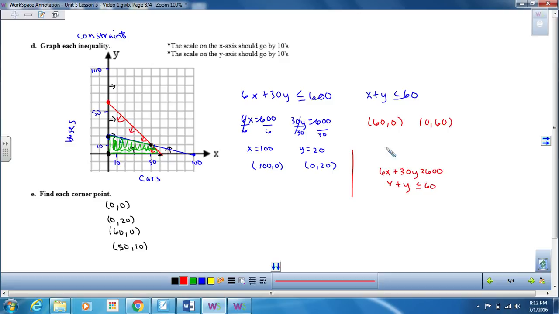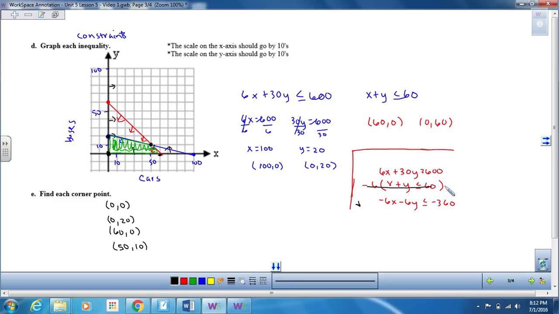So this is something separate here. We're checking that corner point, as that really is. So to solve this, then I have to multiply by -6. Okay, and then I'm going to add down.